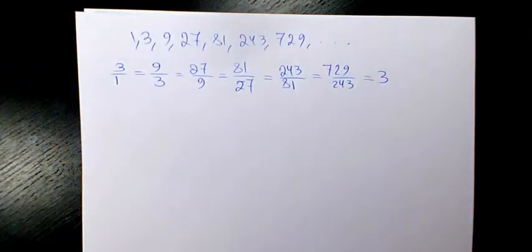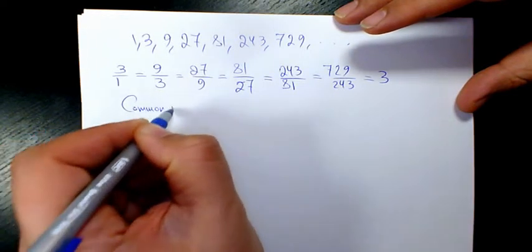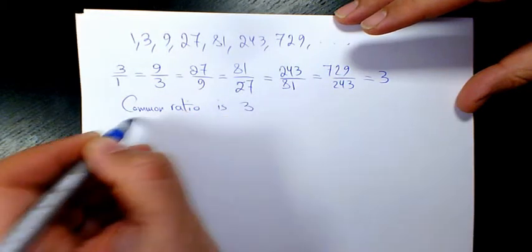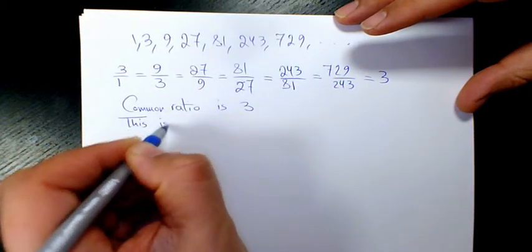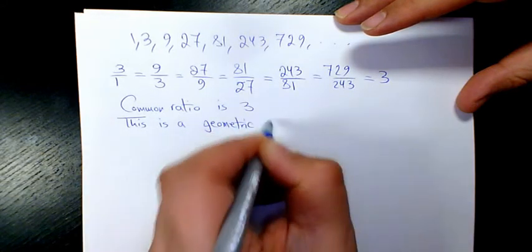So again, all of the ratios are equal, so the common ratio is 3, and this is a geometric sequence.